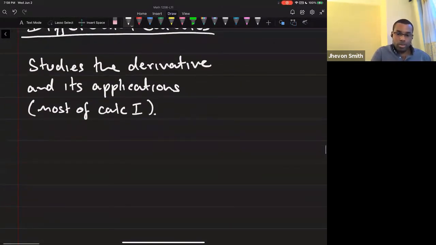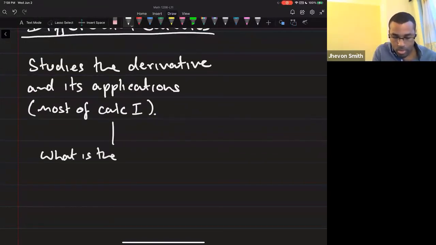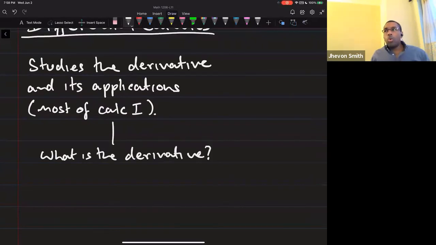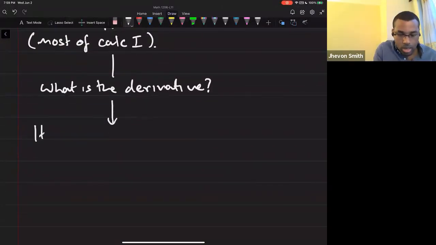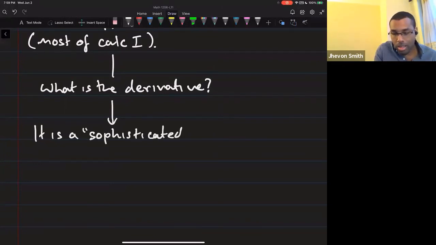And what is the derivative? Well, that's a little bit harder to answer, at least with what we know now. So at this point, I would just say it is, let's call it, a sophisticated solution to something called the rate problem.